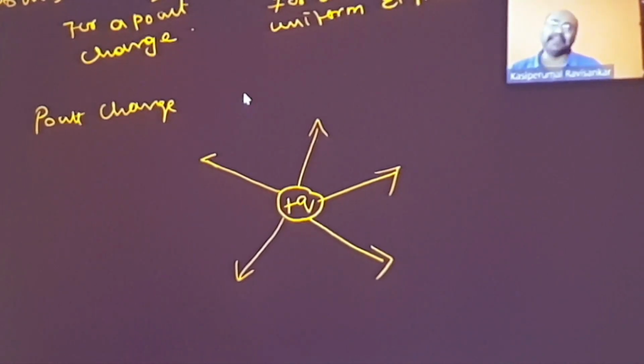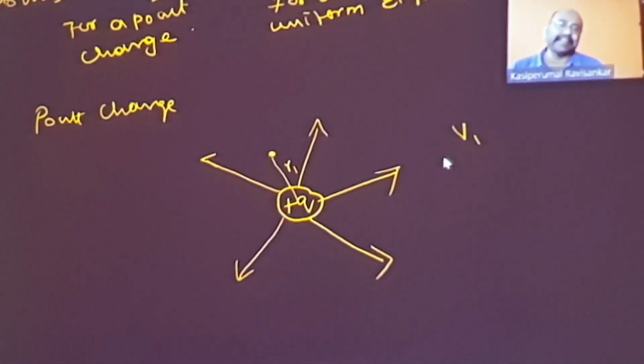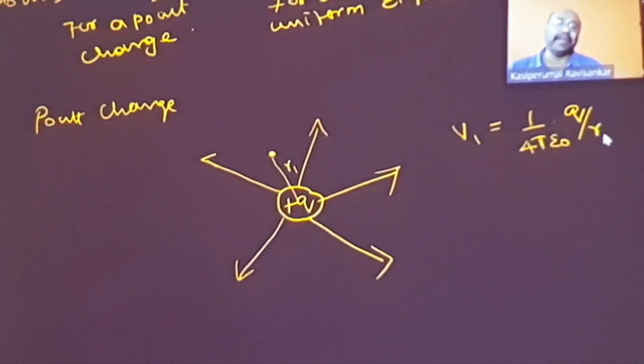In this electrical field, consider any point at a distance r1 from the charge, with potential V1. We know that the potential at a point due to a point charge is 1 by 4 pi epsilon 0 into Q divided by r. If it is r1, it is r1.